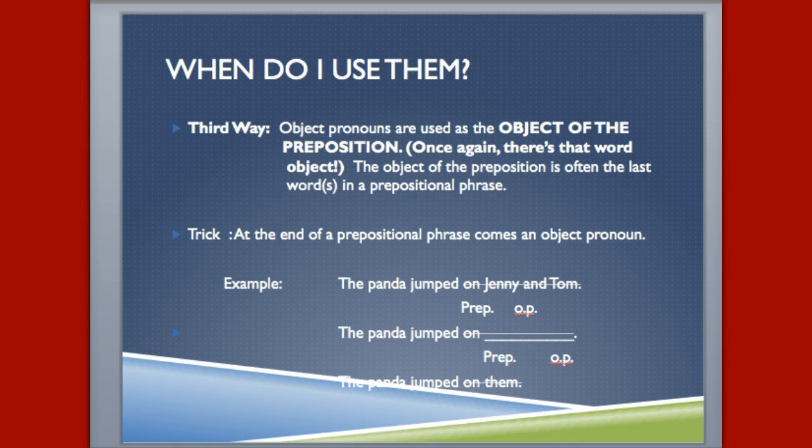So, object of the preposition is often the last word in the prepositional phrase, and it's going to be a noun or a pronoun also. The panda jumped on Jenny and Tom. Oh my. So Jenny and Tom are objects of the prepositions, nouns or pronouns that are at the end of the prepositional phrase. We can go back to our object pronoun list. The panda jumped on them.